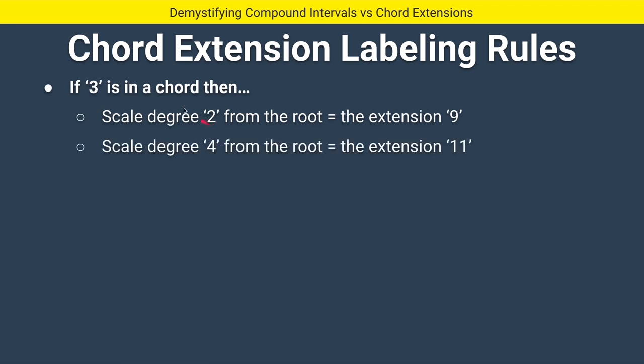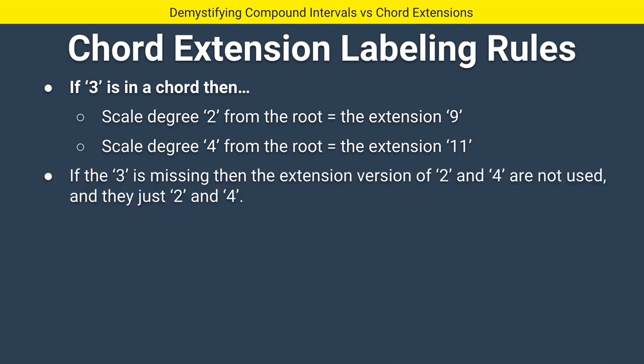Same thing, if the 3 is in a chord and scale degree 4 is in the chord, then it's called 11. If the 3 is missing, then the extension versions of 2 and 4 are not used. They are just 2 and 4. If the 3 is missing, then 2 and 4 are just the numbers 2 and 4. And if the 3 is there, those numbers are 9 and 11.